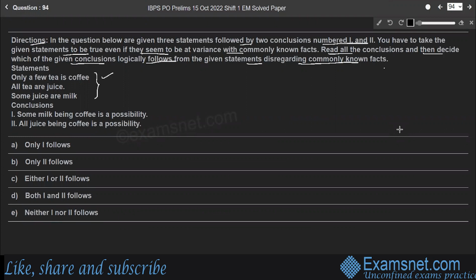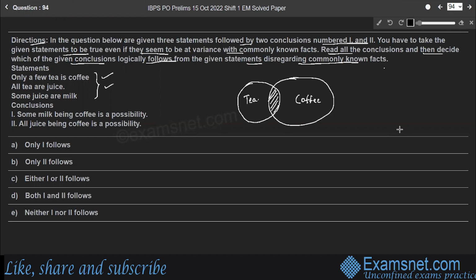Here the first one, only a few tea is coffee. So that means there is a set of tea, and only a few tea is coffee. There is a set of coffee. So this portion, only a few tea is coffee. Only this portion is coffee. And the next one, all tea are juice.